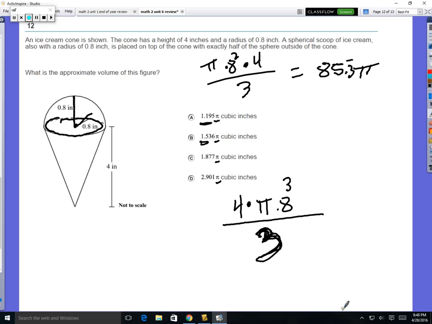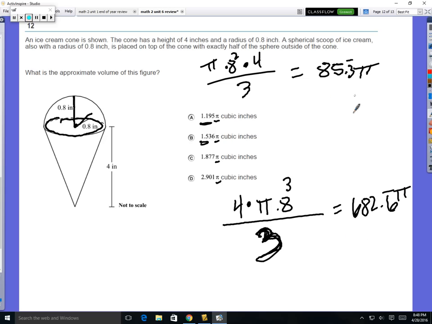So I'm going to do 4 times 8 cubed, divide that by 3, and I get another decimal. So we get 682.666 pi. So the volume is going to be these two added together.